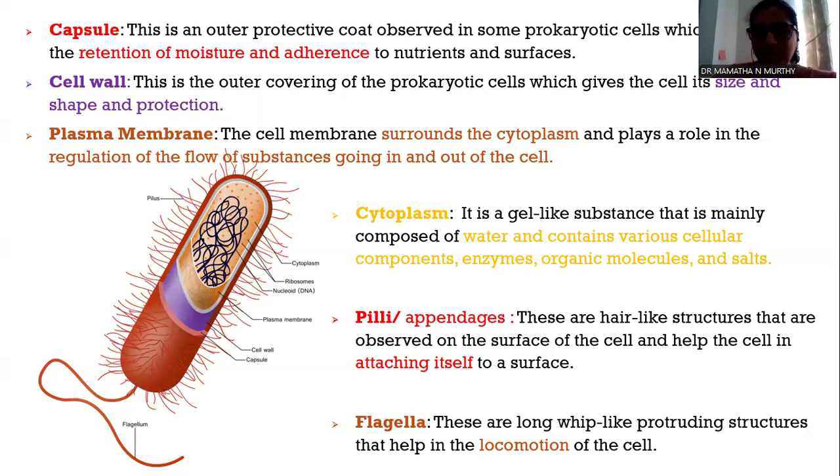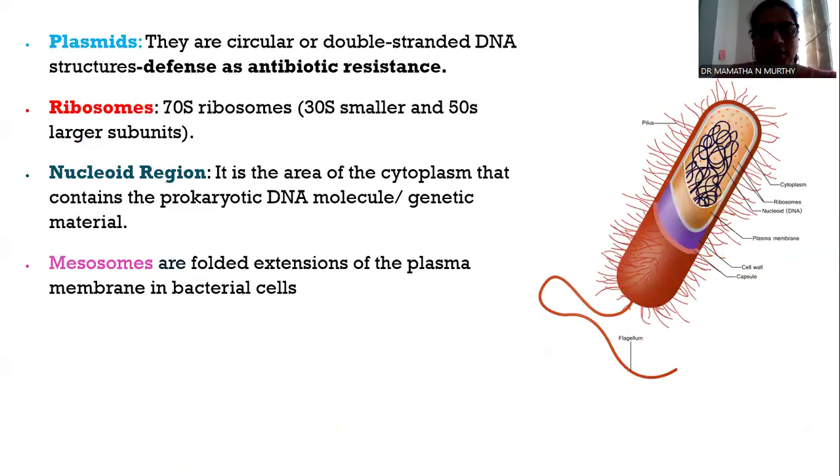These are observed on the surface of the cell and help the cell in attaching itself to surfaces. The whip-like protruding structures called flagella are also present in some bacteria, which mainly help in locomotion of the cell.